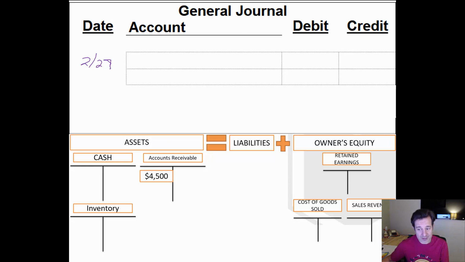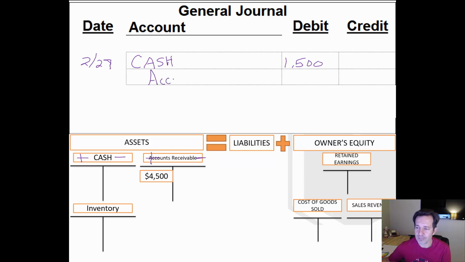Remember, asset side, we're going up on the debit, down on the credit side. All right? They're bringing money to us to the tune of $1,500. So our cash account needs to go up $1,500. Boom, right there, just like that. They no longer owe that $1,500. So we got to take away from the account receivable.